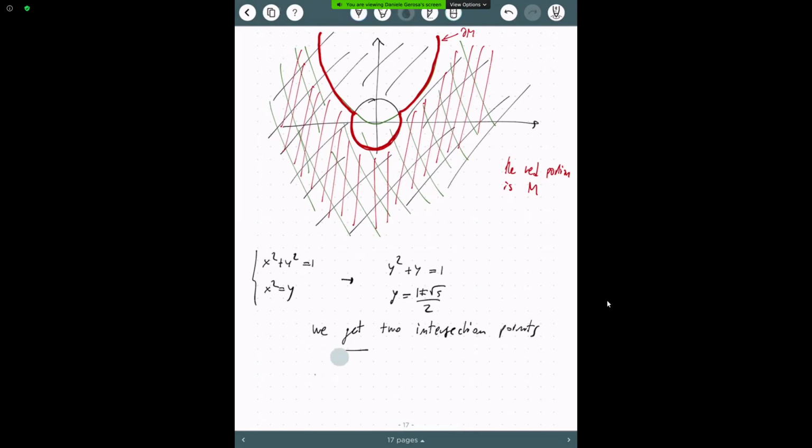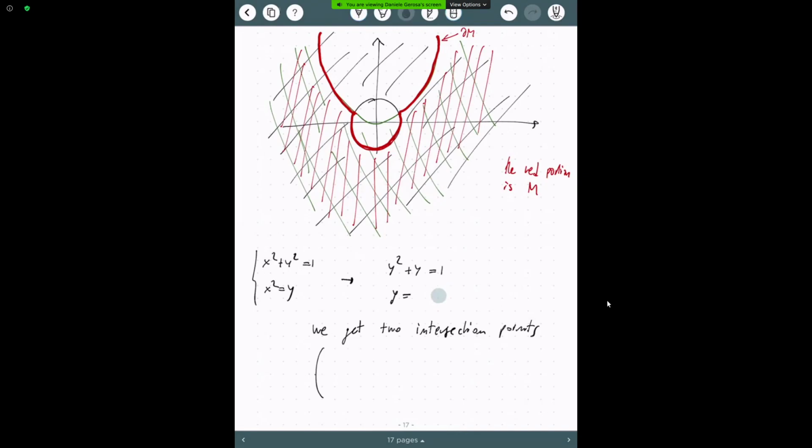Okay, so the two intersection points have coordinates... Wait a second, I have made a mistake here.